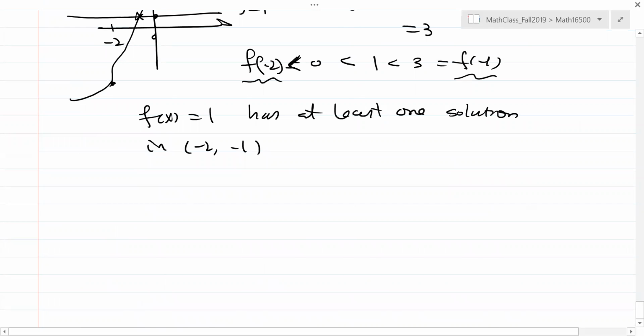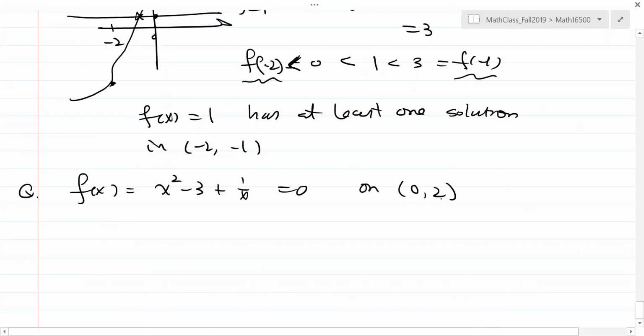So let's quickly look at another problem, then I'm done. Okay, consider the function f of x equals x squared minus 3 plus 1 over x, set equal to 0, on the interval from 0 to 2.